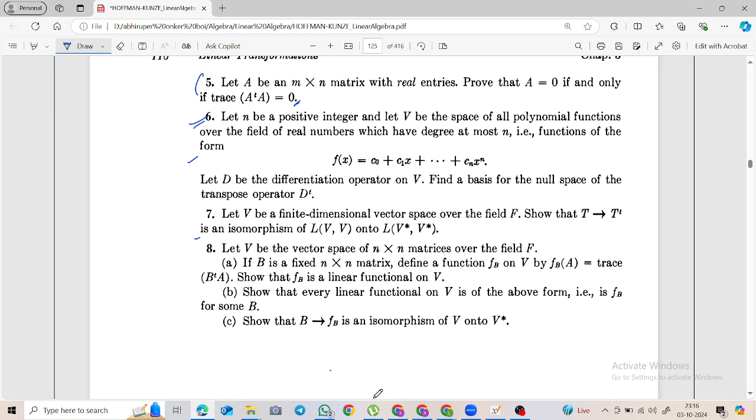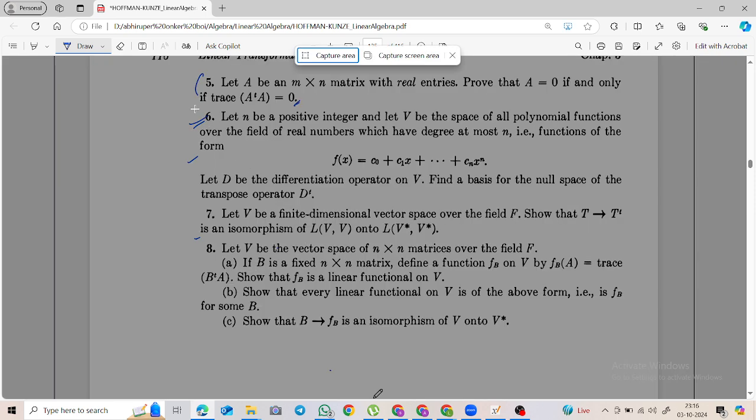Okay, what is 6? Problem number 6. Let n be a positive integer, let V be a vector space of all polynomials, the functions of the form... So what is D transpose?